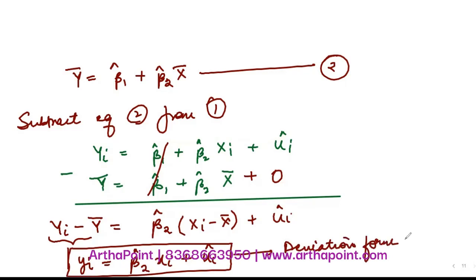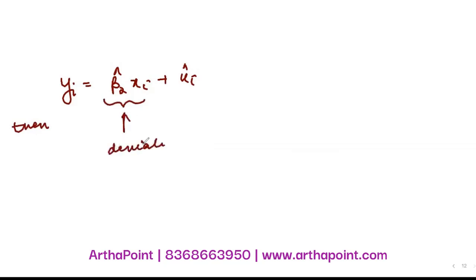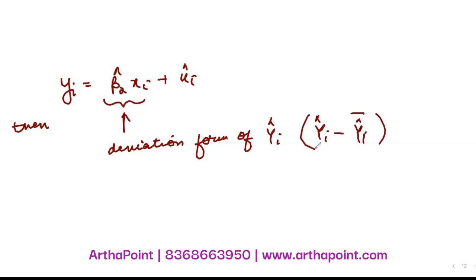Now I know that if I write deviation form of the entire equation as this, then this part only is the deviation form of yi hat, which is nothing but yi hat minus yi hat bar, right?